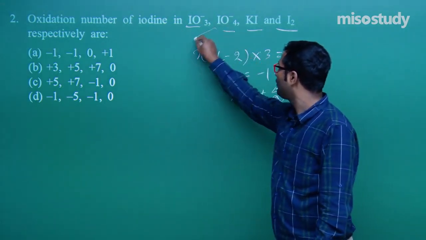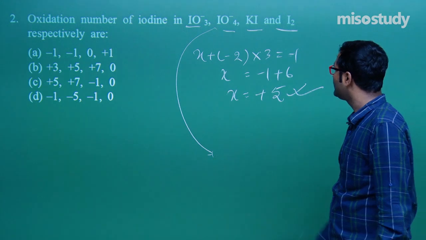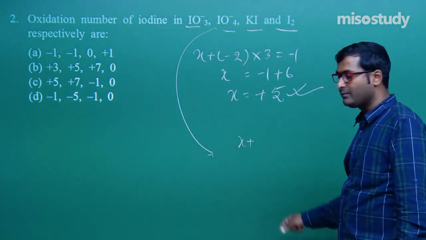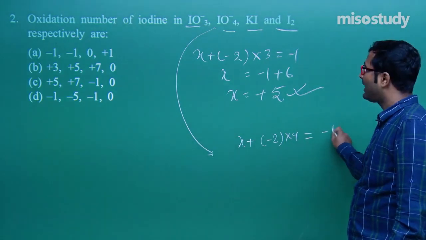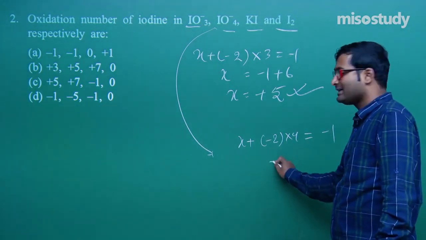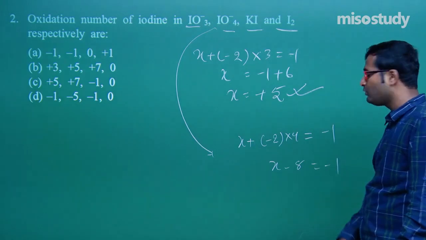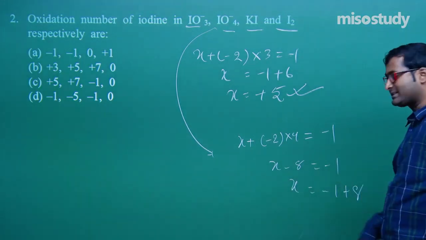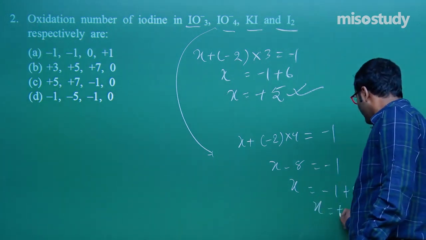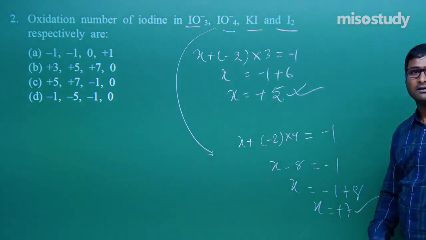For IO4 minus, then what will happen? Check it out. x plus minus 2 into 4 is equal to minus 1, that is x minus 8 equals minus 1, so x is equal to minus 1 plus 8, that is the plus 7 oxidation state.